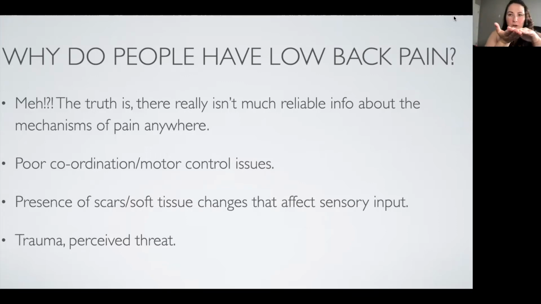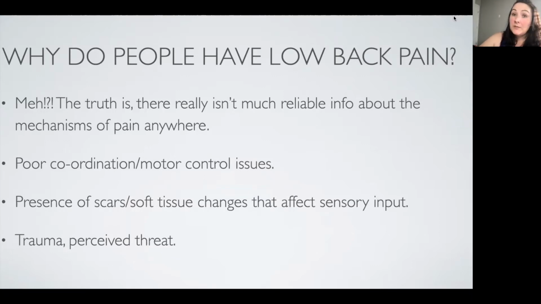They respond to some type of sensation: deep pressure, light pressure, vibration. And the presence of a scar can increase afference, or sensory information, along those receptors or nerves that make the body think something is happening that is not happening, or make the nervous system or brain think that we're in a different position than we really are. That can affect motor control, that can affect coordination, and that can create the experience of pain.